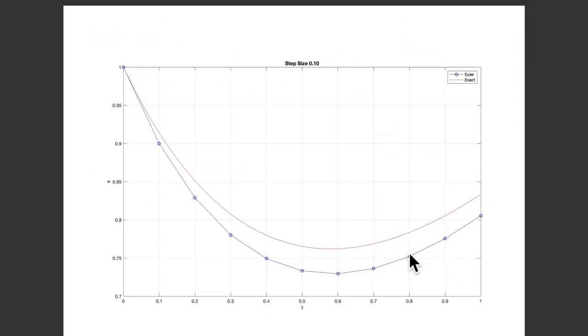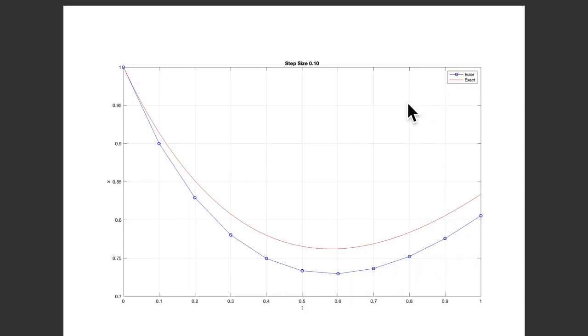I've gone ahead, obviously this is something you'd want to program a computer to do. I've used MATLAB to compute Euler's method for this very problem. For values of t between 0 and 1, and I'm using that same step size of 0.1 here. And so the blue curve is the solution curve generated by Euler's method.